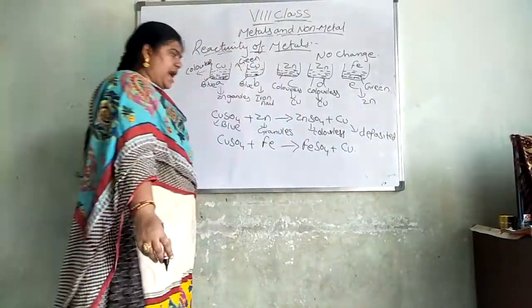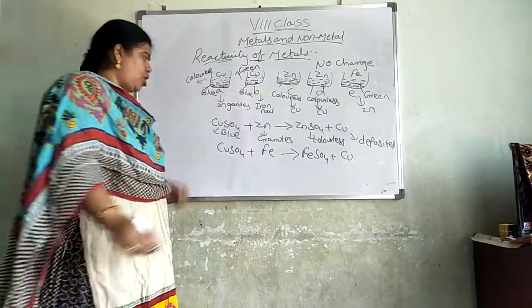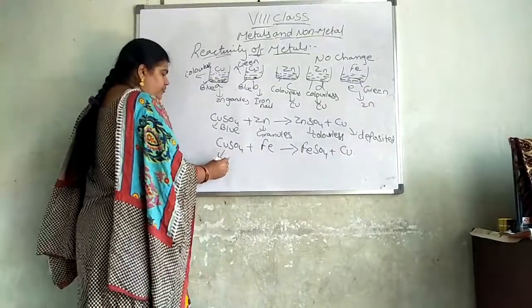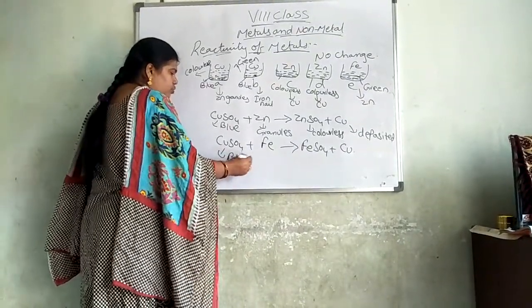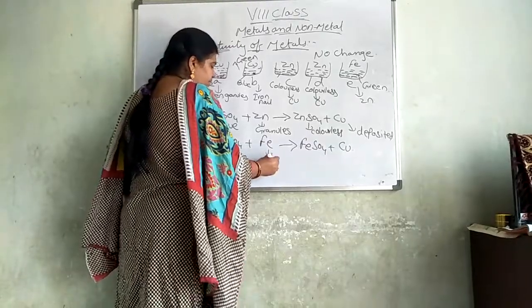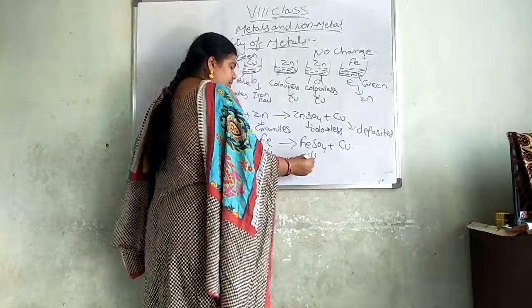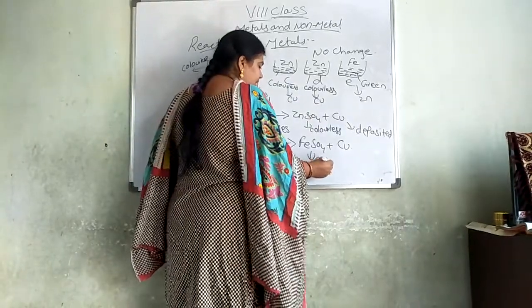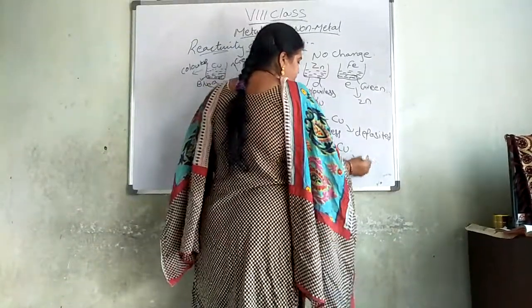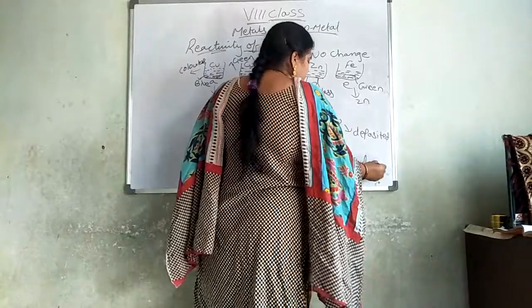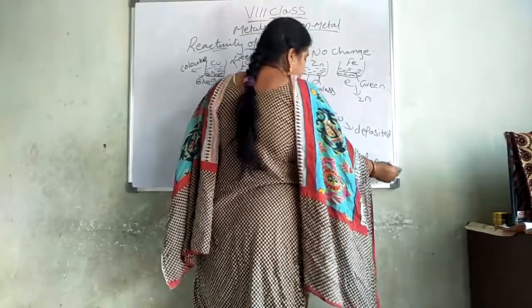What is the color of copper sulfate? Blue. What is the color of iron? You can see that it will be brown in color. Then the solution changes to green in color from blue, and copper, which is reddish brown in color, will be deposited down.